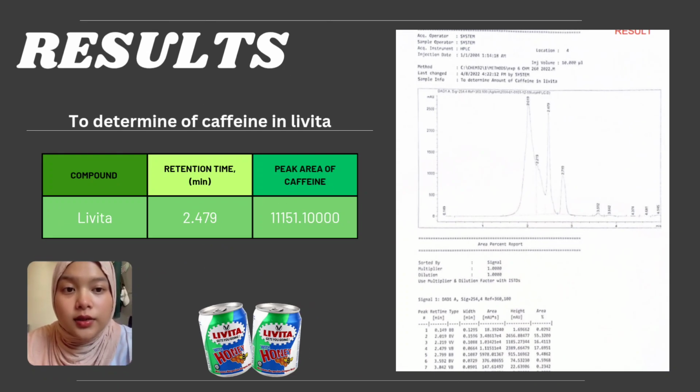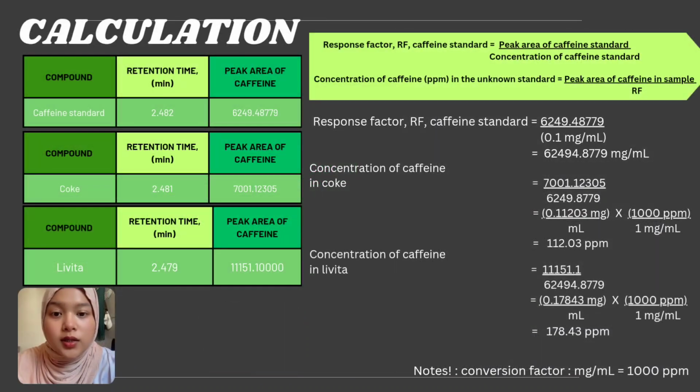Next, the retention time for caffeine in Levita is 2.479, while the peak area of caffeine is 151.1000000.